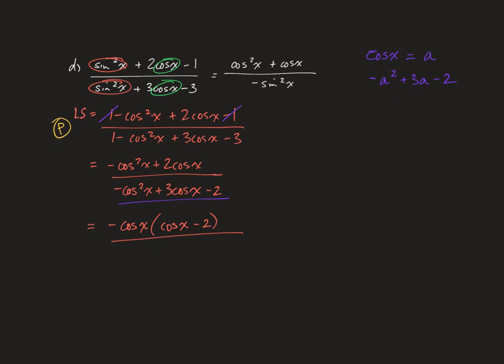So we should be good to factor that expression. However, maybe we don't like having that leading term be negative. So if I was to factor out that negative from all the terms on the denominator, then maybe we would find it easier to factor that remaining trinomial. Well, at the very least, I could divide out the negatives now. And so my top becomes cos x times cos x minus 2.